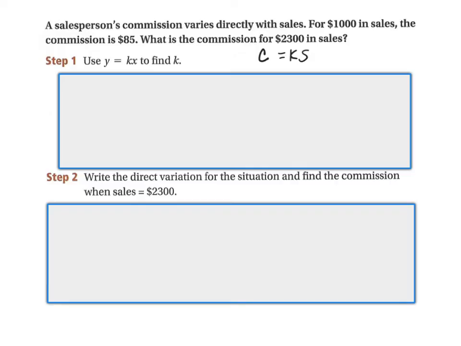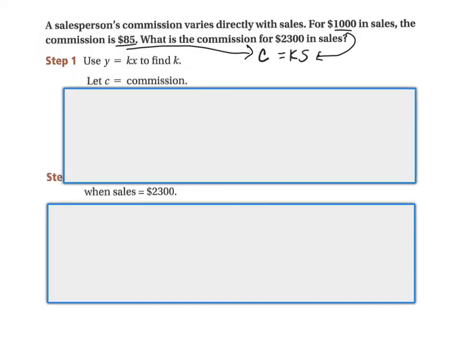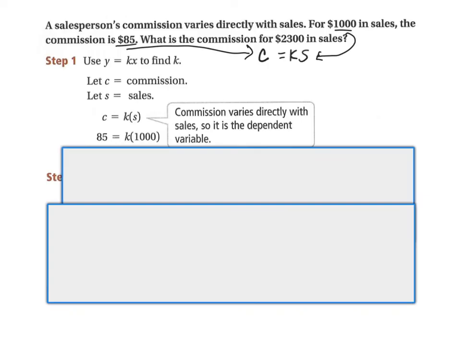So it says for $1,000 in sales, so I take this $1,000 and put it where the S goes. The commission is 85, and I take the 85 and put it where the C goes. Or you could use the X and the Y, like I said, and it looks like this. 85 equals K times 1,000.